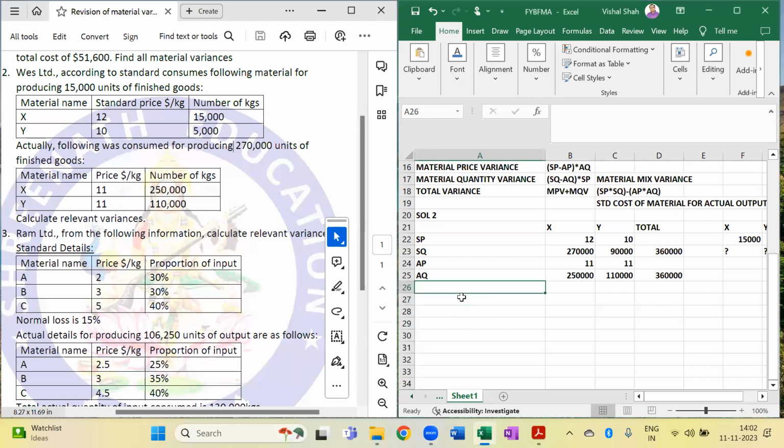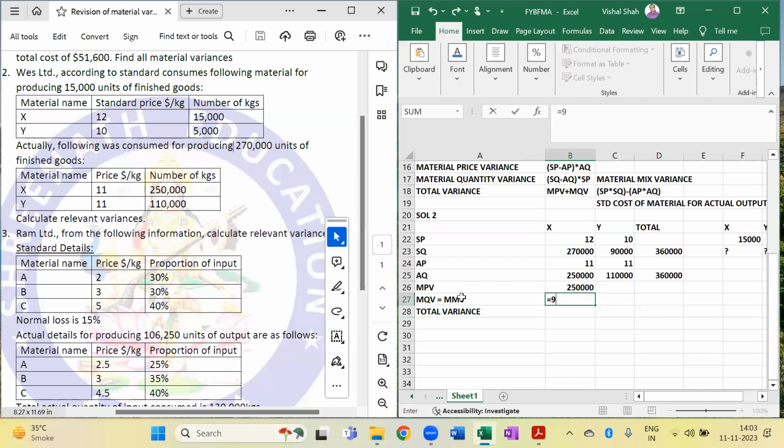Now I will use the same formulas: MPV, MQV, which is also called MMV, and total variance. The formulas will be the same, used for as many materials. Here there are two materials, so I will use them two times and then add both. So it is SP minus AP into AQ.